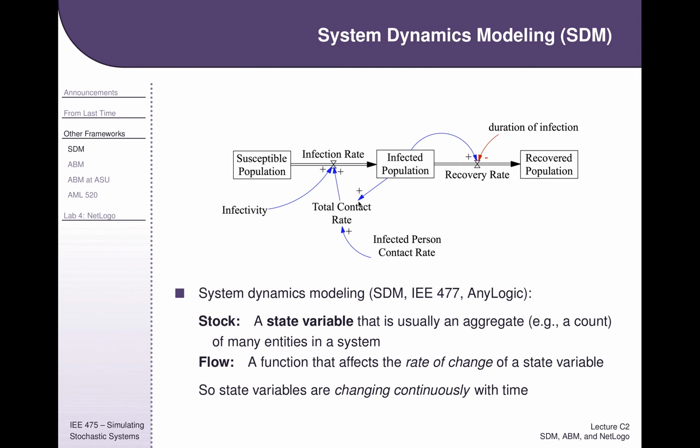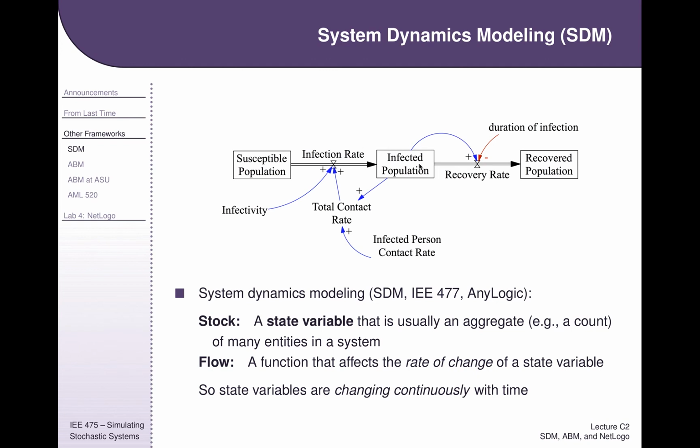And these little lines tell us how these rates end up being determined by other parameters. So the infected population affects the total contact rate, and the total contact rate affects the infection rate. And so does this other parameter, infectivity, affect the infection rate. So all of those things go together, and you end up modulating how quickly susceptibles turn into infecteds.